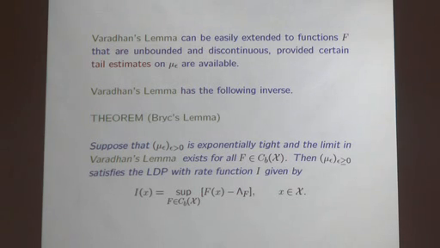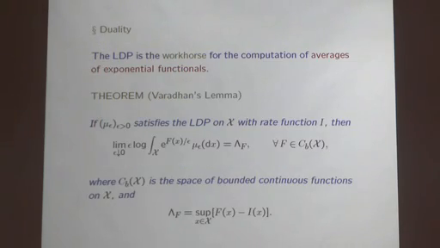And this is also not very difficult, and it's important because we want to apply Varadhan's lemma to lots of cases where the function is not so nice, but this can be done. Okay, so Varadhan's lemma is the first result where you say, that's nice, if you have an LDP you can get a hold of all sorts of asymptotics of exponential functionals.